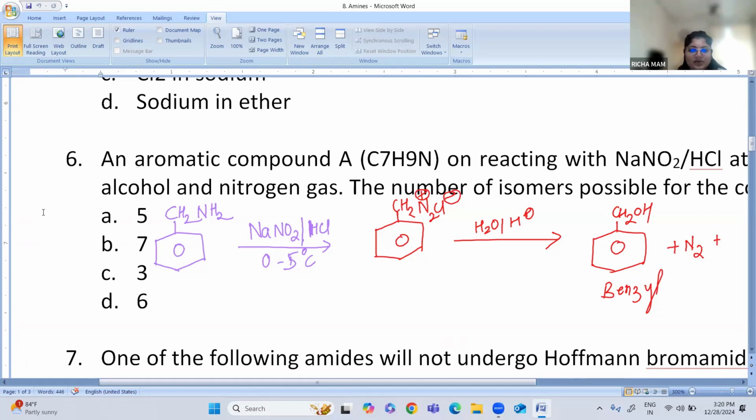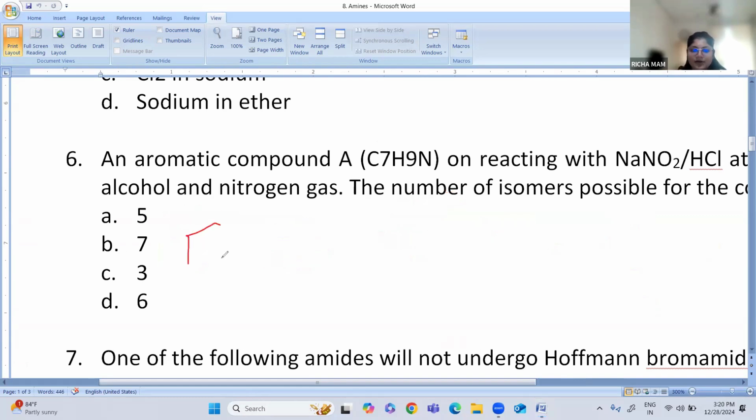Your benzyl amine, how many isomers can it form? One is benzyl amine itself. Isomer means the molecular formula remains the same, only the structural formula differs.